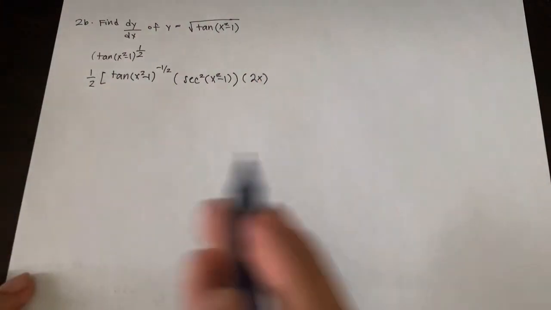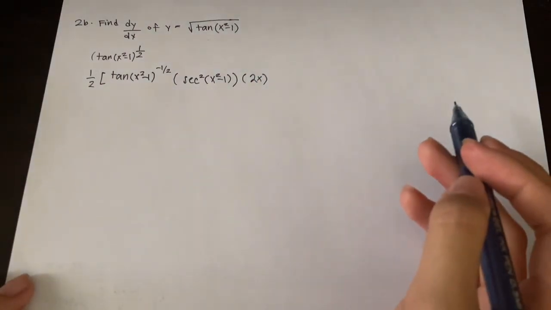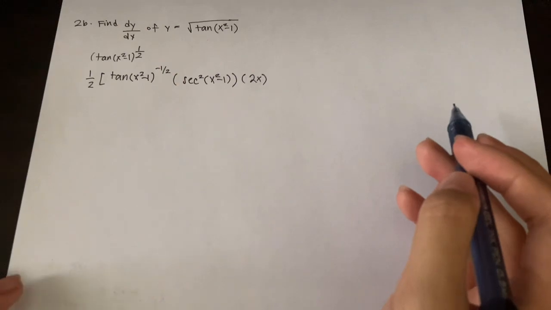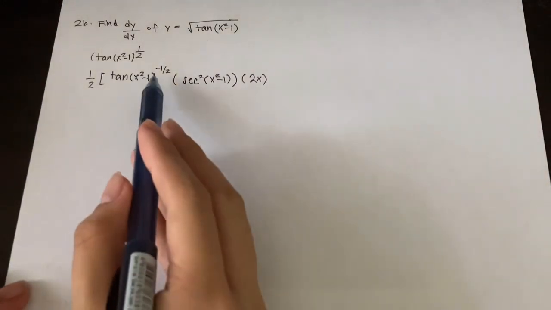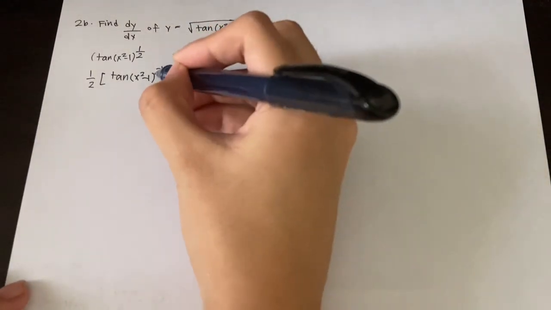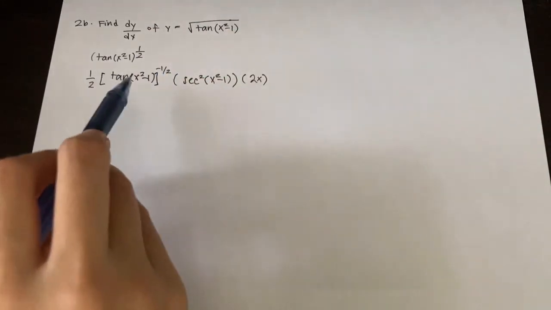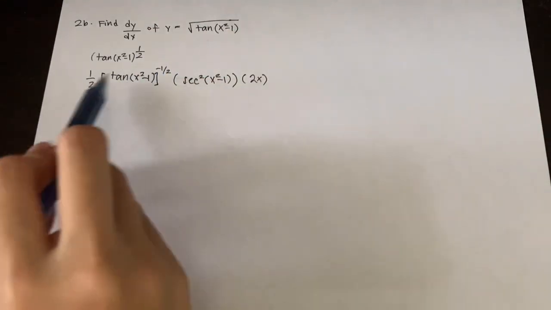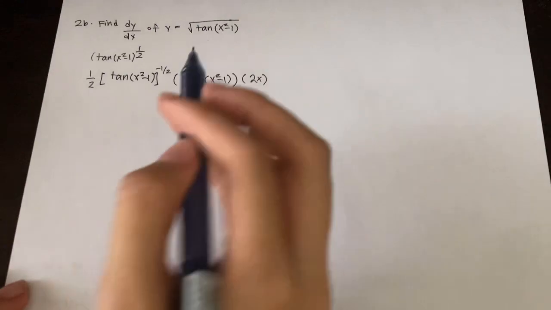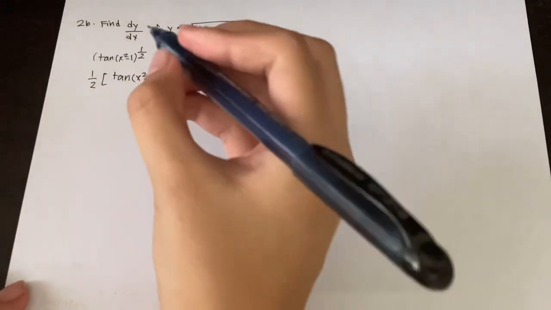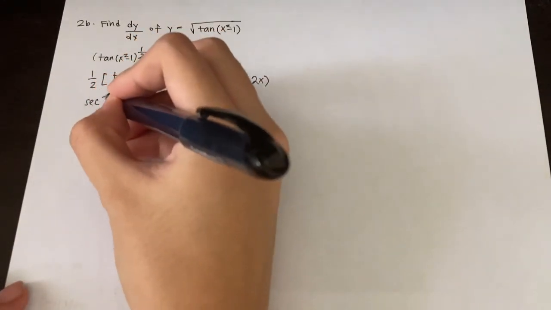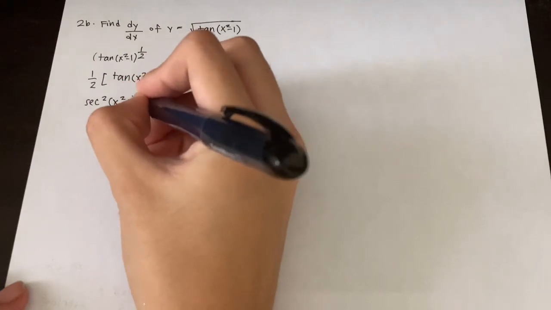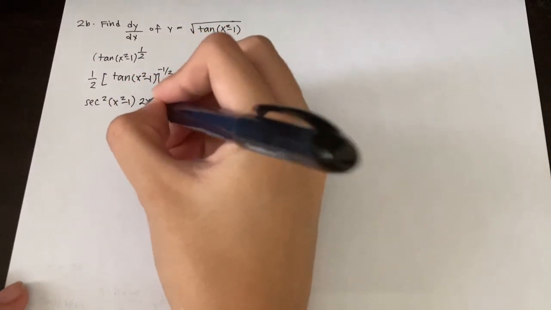So that is using all the rules of derivatives. And then we can see here that we can move this function here to the bottom. So we can rewrite it as secant squared of x squared minus 1 times 2x.